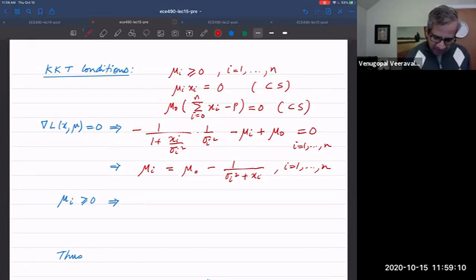If I put that in here, that means this quantity is non-negative.